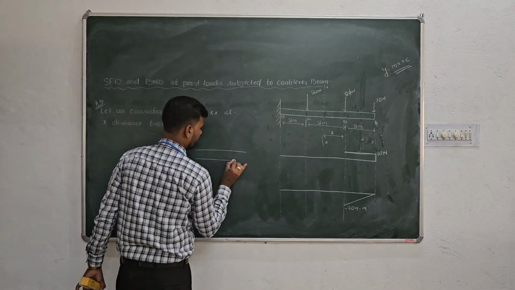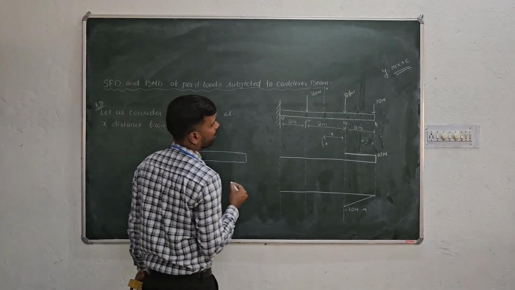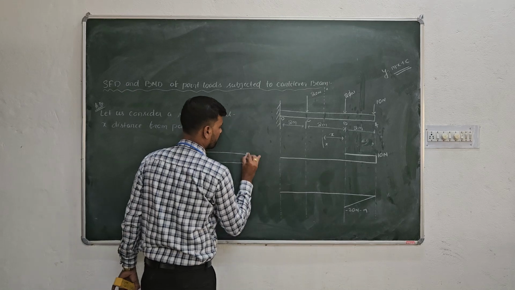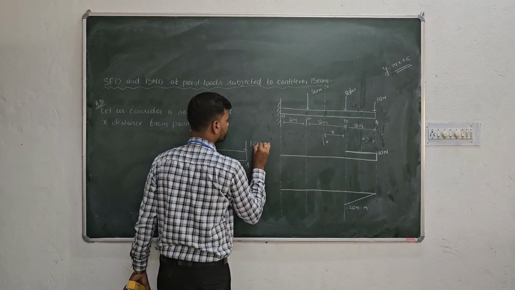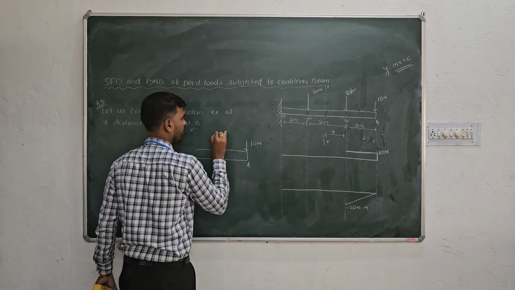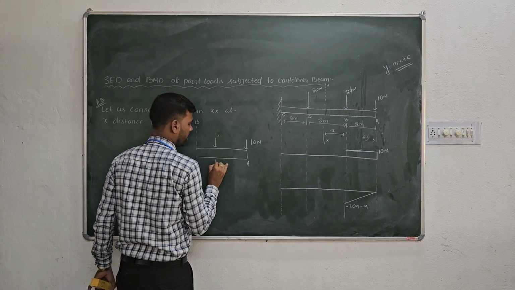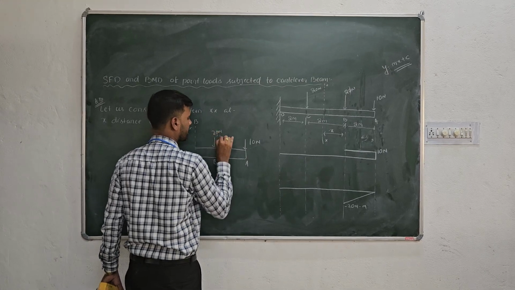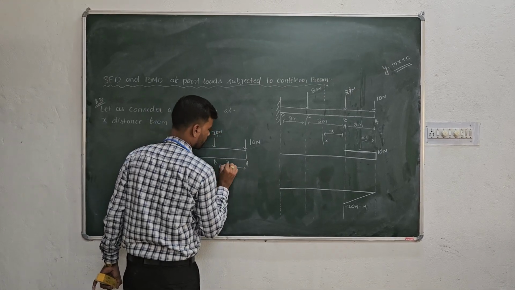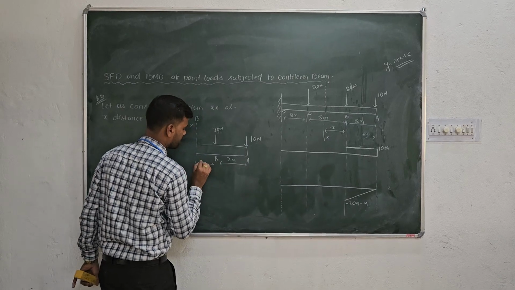and this is the portion of the beam where this is the point A, 10 Newton force is acting, and this is the point B, 20 Newton force is acting. This distance is 2 meter and this distance is x.